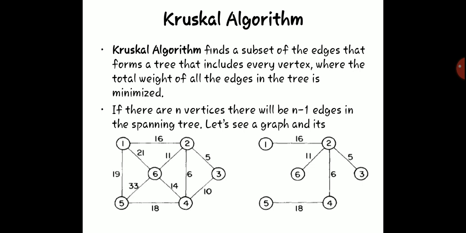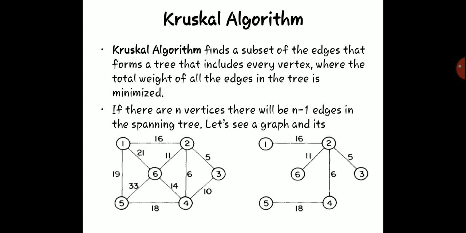No. When that is picked up, it will also form a cycle, so we just drop it. Now we have picked up only 3 edges of cost 5, 6 and 11. The next edge which would be taken is 16, that connects 1 and 2. And eventually we take the edge of cost 18, that connects 4 and 5.